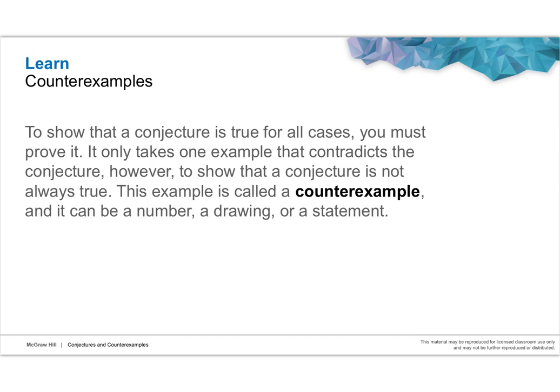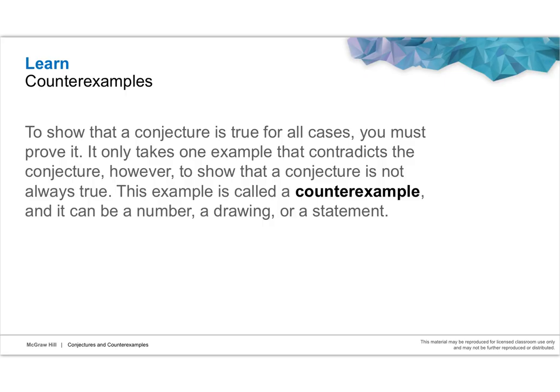Okay, time for our second learning goal for today, and that is about counterexamples. So we've talked about how to continue a pattern forward to make a conjecture. And to show that a conjecture is true for every case, you have to actually prove that that is true for every case. However, it only takes one example that contradicts the conjecture to show that it is not always true.